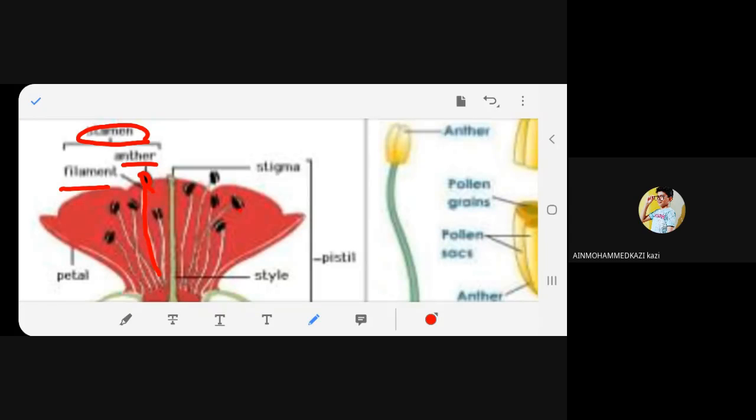So all these black dot-like structures are anthers, and the tube-like structure which is going down is the filament. Any problem? So filament and anther become stamen. So stamen comprises filament and anther. Is it clear? Male sex organ, is it clear?